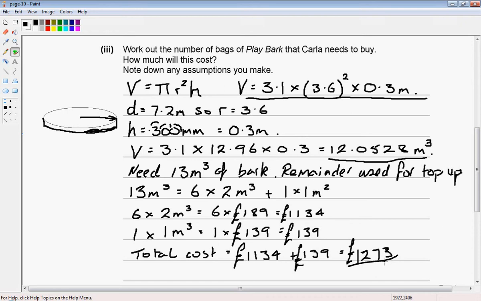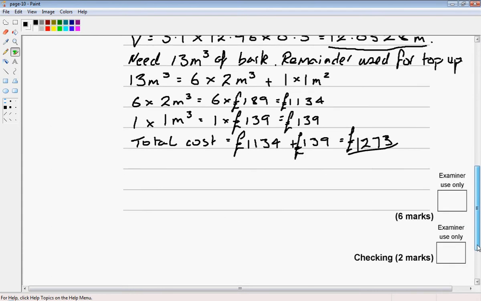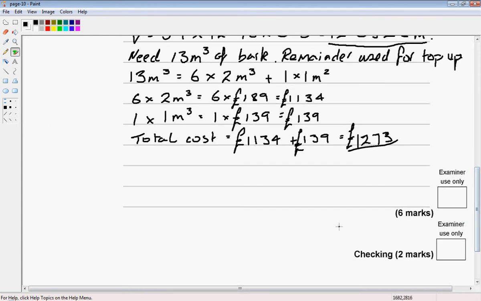Okay, so that's the total cost. So we've now worked out the number of bags. So we've said here 13 bags, and how much will this cost? £1,273.